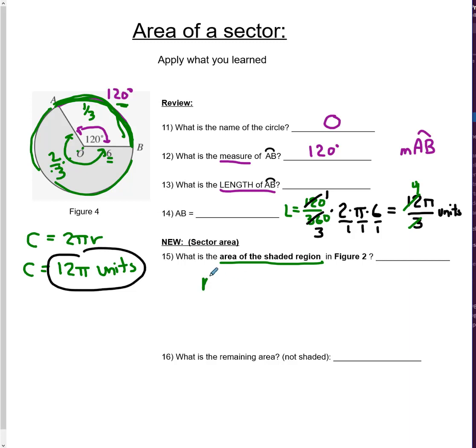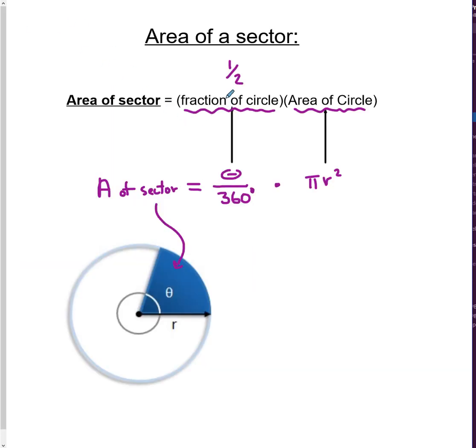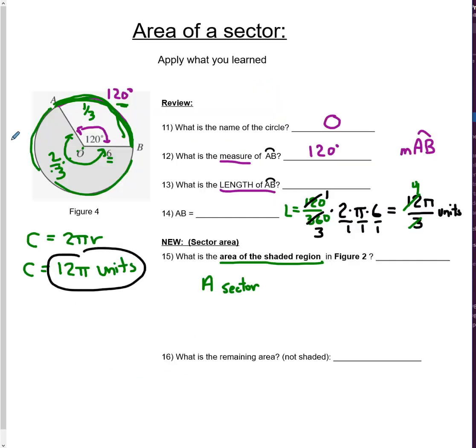So the area of a sector, if we go to the other page, remember, it's the fraction of a circle it is, right? Which I can use this formula if you want to. And I will, even though you don't really need to. So the area of the circle is, well, what's 120 from 360, right? A full circle is 360.